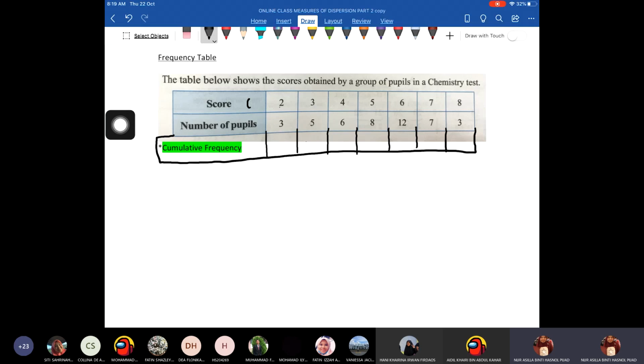So I label this as X, this as F, frequency. Cumulative frequency is the collective frequency from the start until the end. For example, for the first data, I have 3 frequency. So cumulative frequency for the first one is 3.